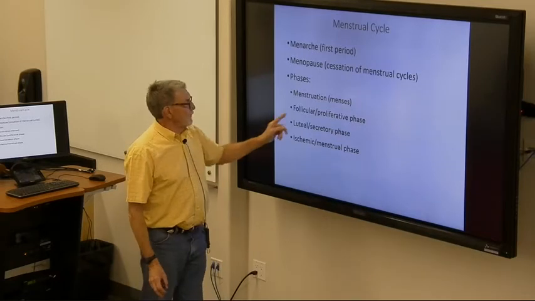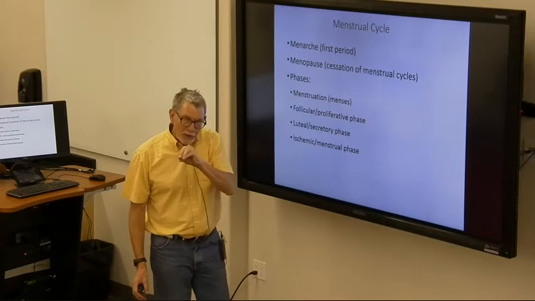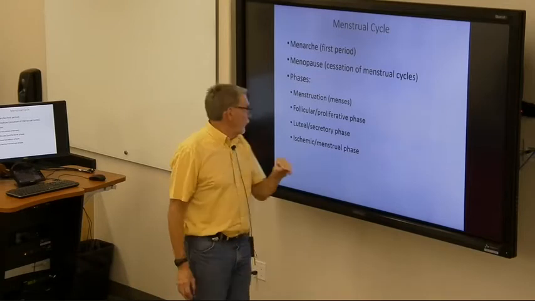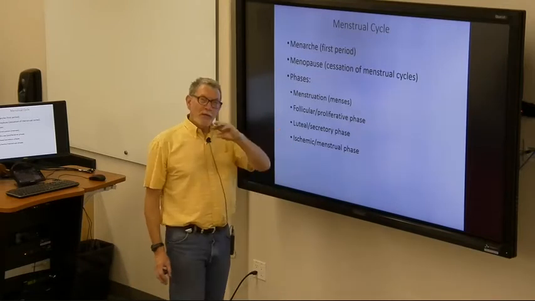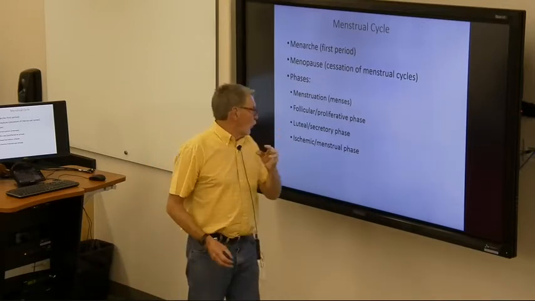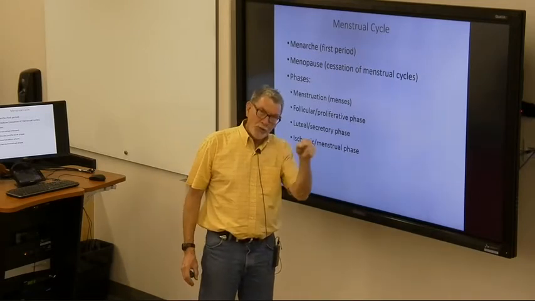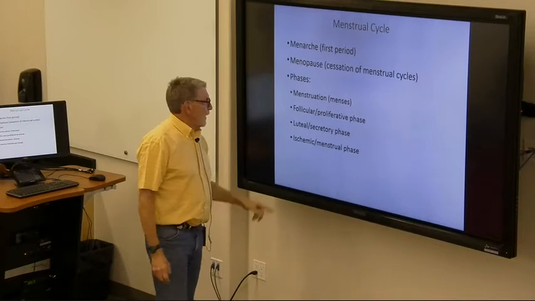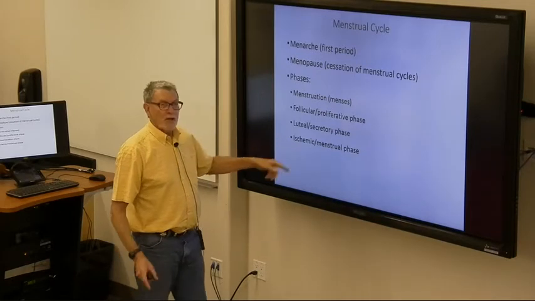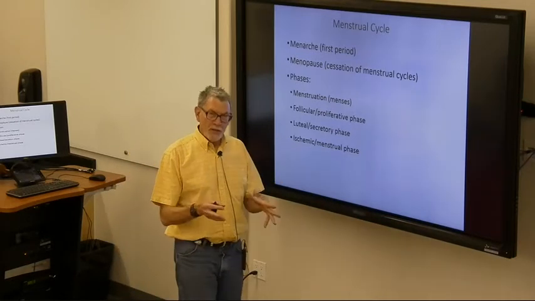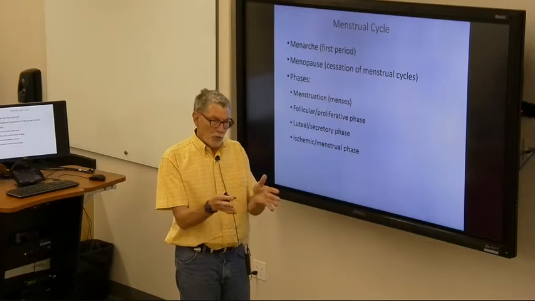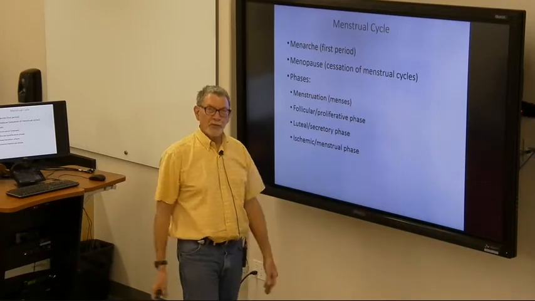Then you have a follicular phase where the follicle is starting to develop in the ovary. The luteal phase is where the corpus luteum is secreting its hormones after you ovulate. And then the ischemic phase, which starts menstruation again as you cut off blood flow to the new endometrium and it sloughs off.